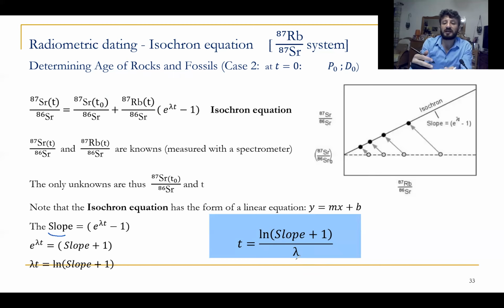For example, I can give you the values of strontium 87 divided by 86 and rubidium 87 divided by 86. You can draw a line and find the slope. With the slope and the value of lambda of rubidium, you can calculate the age of this matter.